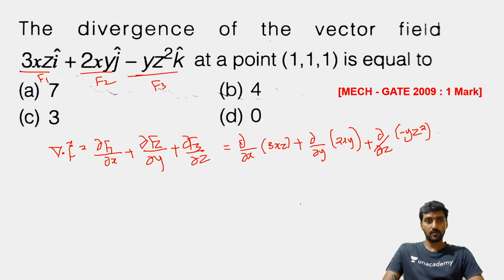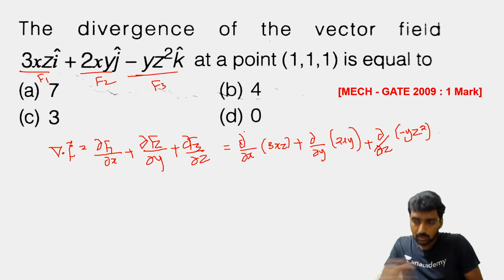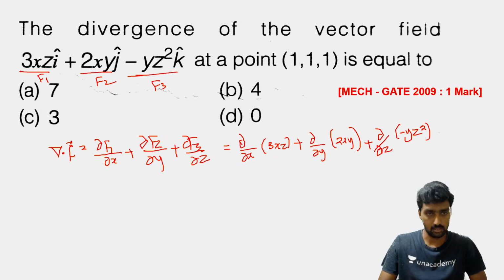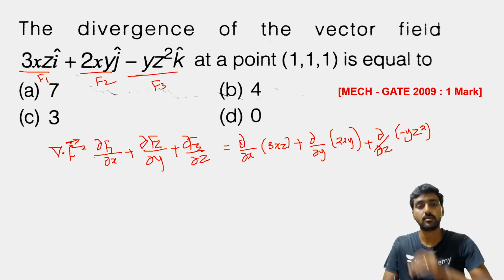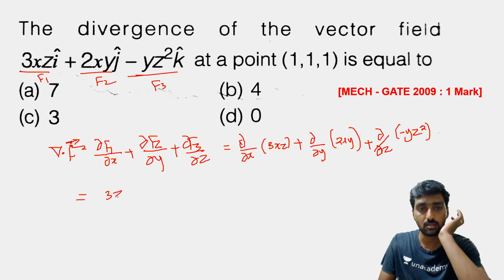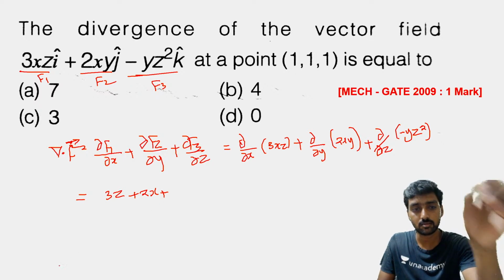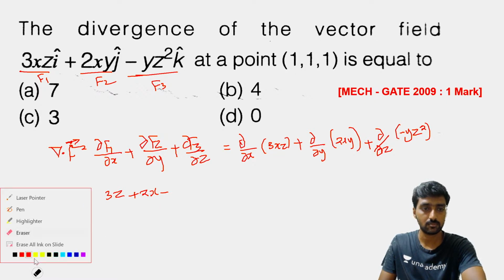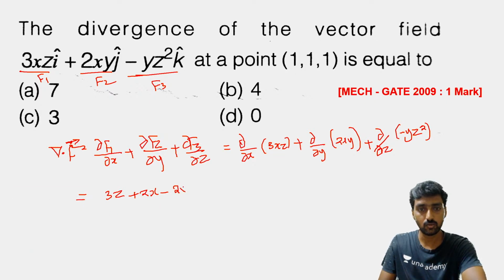Now substitute the values one by one. At the point 1, 1, 1, what will be the solution? I will show you. Listen. Yes, here with respect to x, 3z plus 2x minus 2yz.